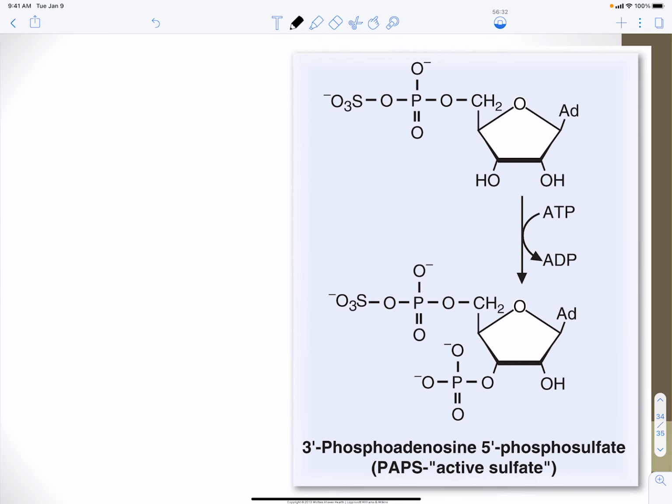Okay, so this is a galactocerebroside. And this is going to react with a 3' phosphoadenosine.